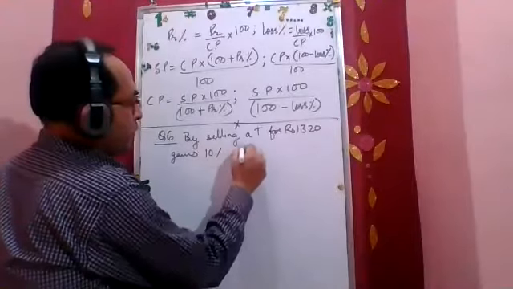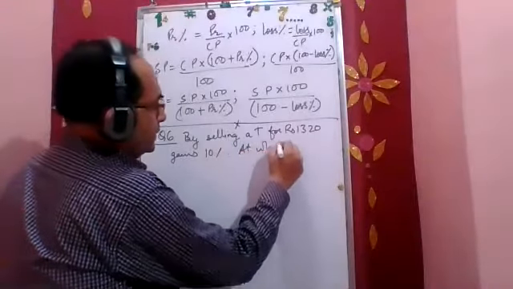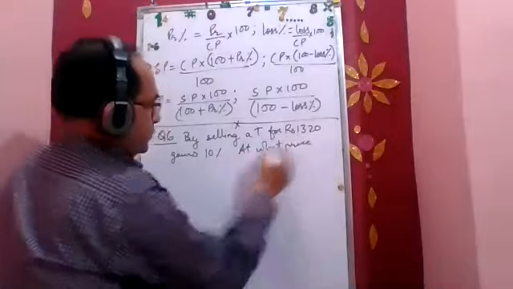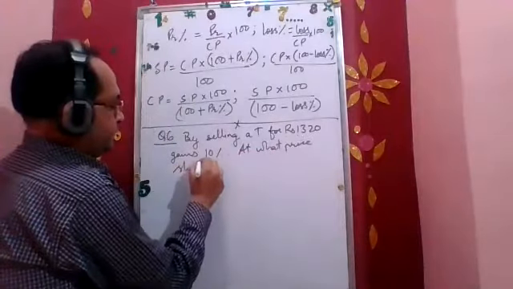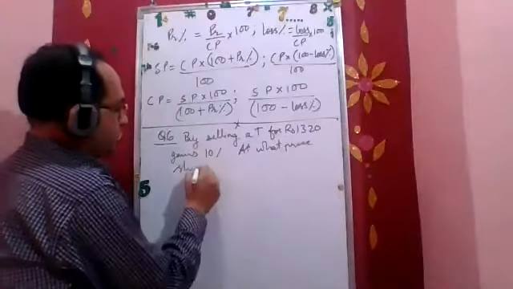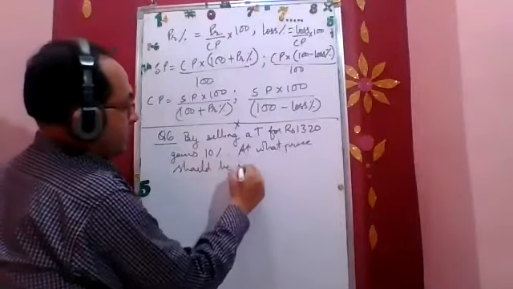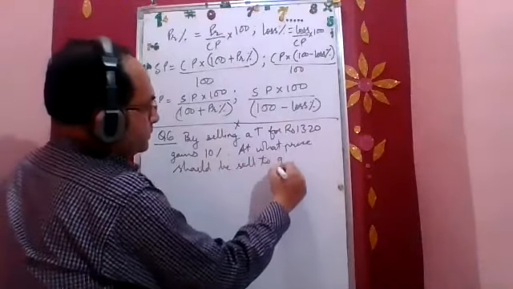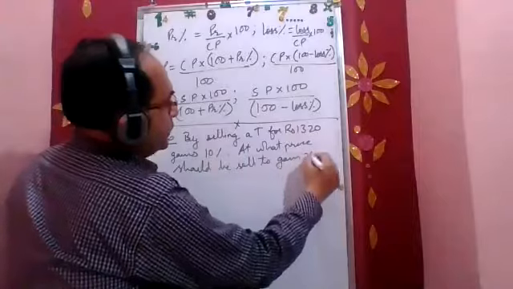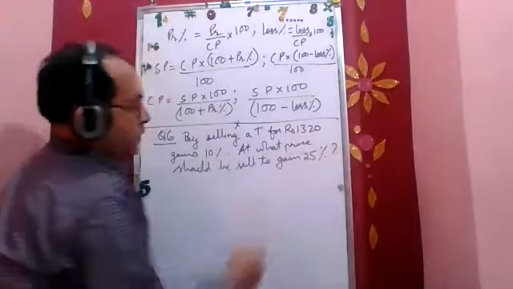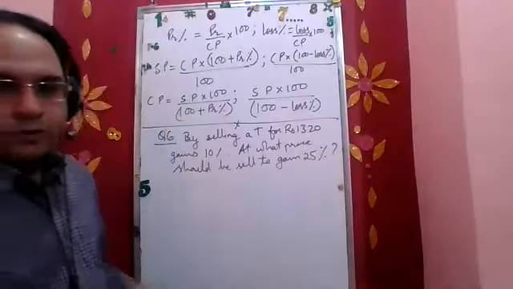Now I'm asking, at what price should he sell to gain 25%? Okay. Now I'm giving you 2 minutes to solve.